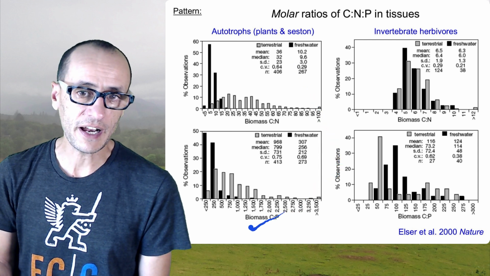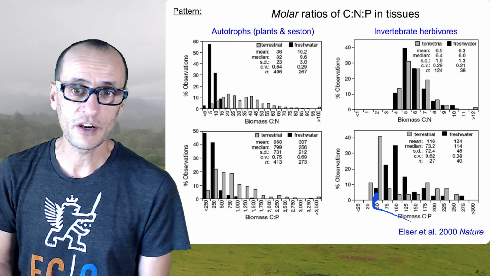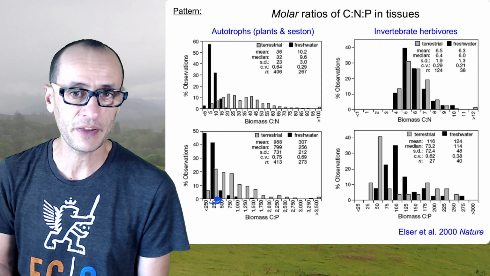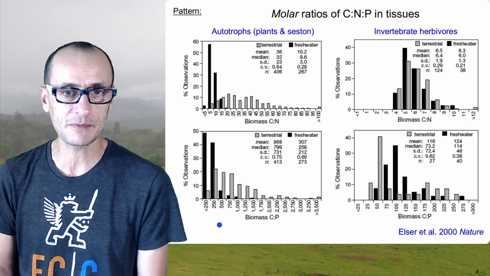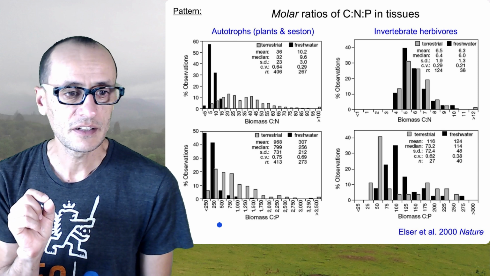And you can see the same kinds of mismatches for the carbon to phosphorus ratios here, where insects have a C to P ratio of about 100, and terrestrial plants are at about 1,000. So a big mismatch.